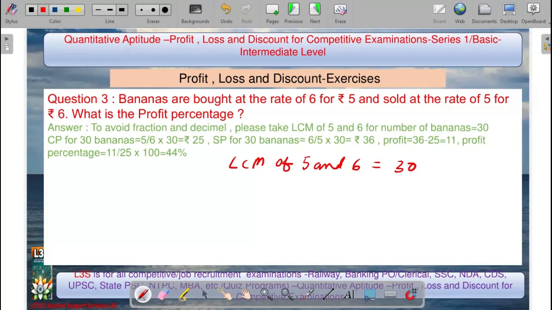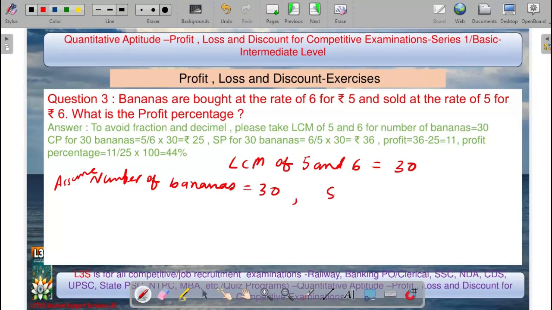Now we will consider the number of bananas, say 30.